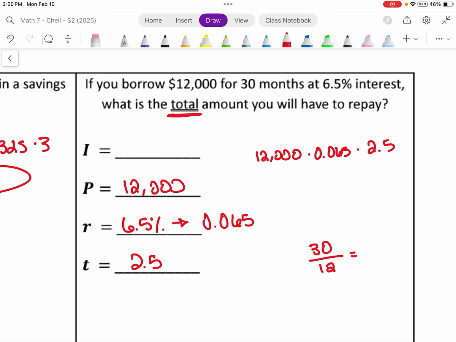We'll get $1,950 as our interest. But that does not mean that's our total amount.